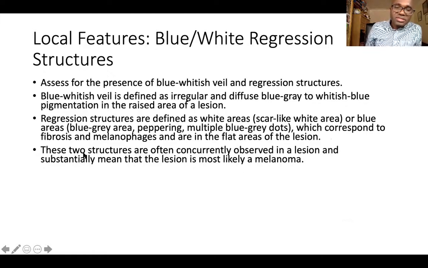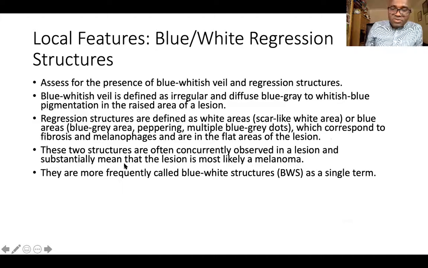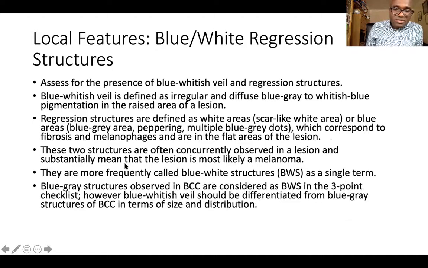These two structures are often concurrently observed in the lesion and substantially mean that the lesion is most likely a melanoma, as I said. So blue-white structures in a single term, and this is what I said earlier on, are considered in the 3-point checklist, but it's different, but still you're going to refer anyway when you see such a thing in your lesion.